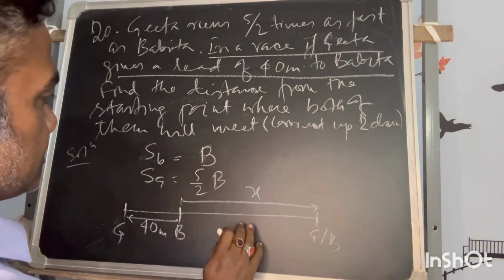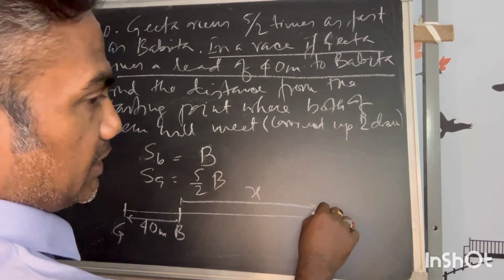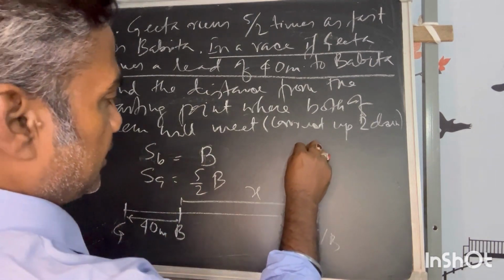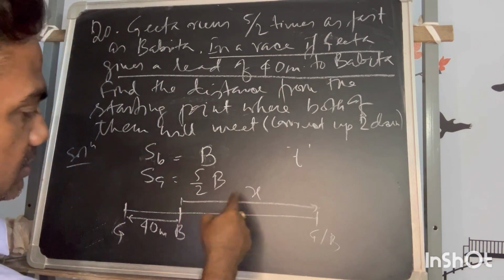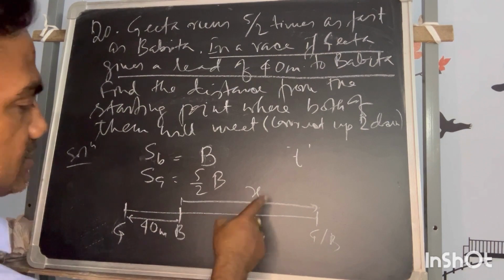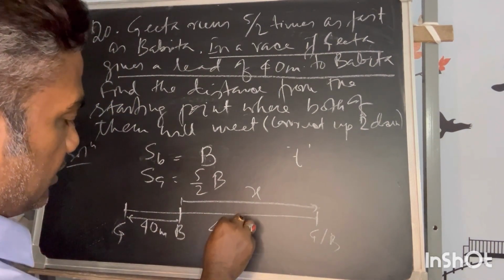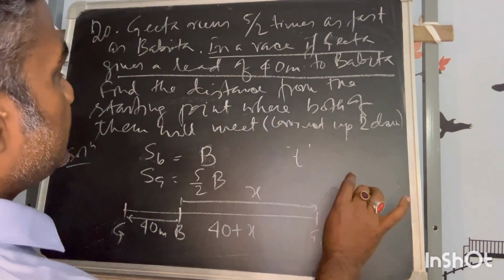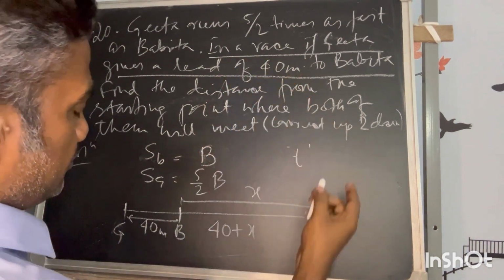So when they are meeting, they have a common time to reach there. Babita is covering x distance in time t, whereas Geeta is covering 40 plus x distance in time t. 40 is given in meter, so x is also in meter, and the speed is not given in units, so we will consider meter per second.